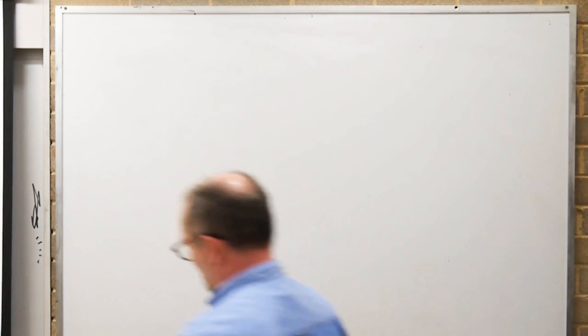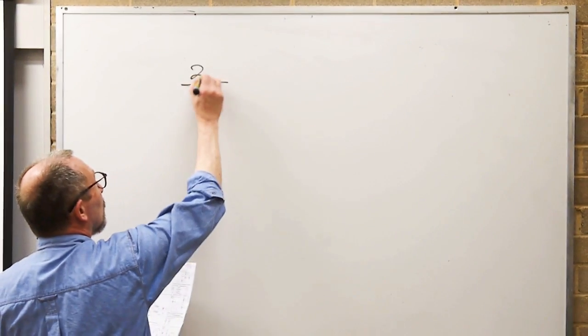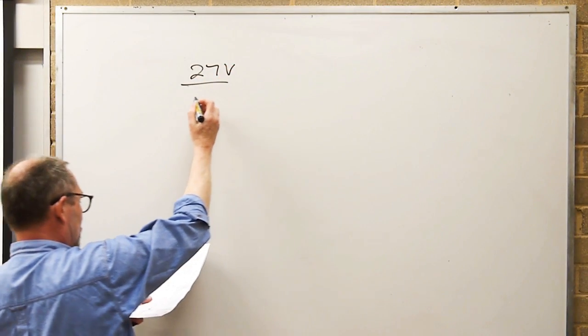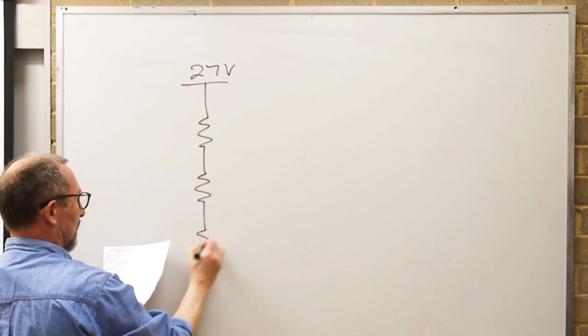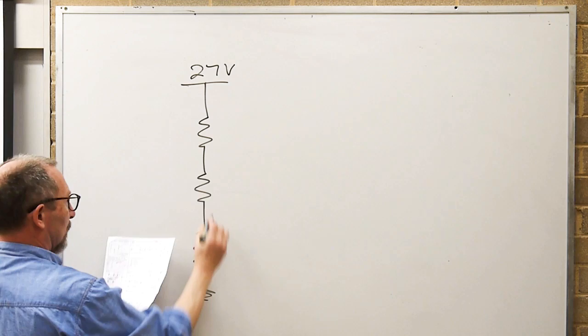.27 volts. Question 5. Resistor, resistor, resistor, ground.